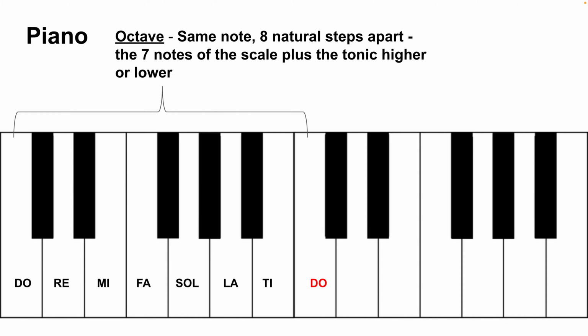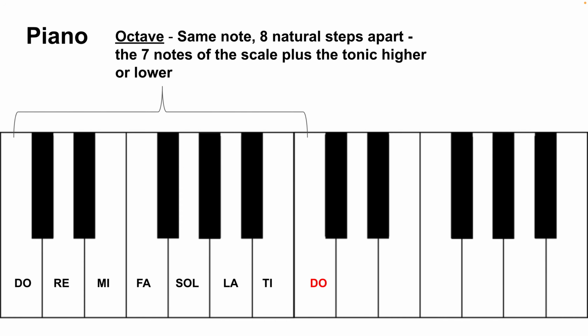An octave. So many people will probably recognize do, re, mi, fa, sol, la, ti, do. An octave is the same note, essentially, in this case, C, do, to do. So that's 8 natural steps, but really there's only 7 notes in the scale.